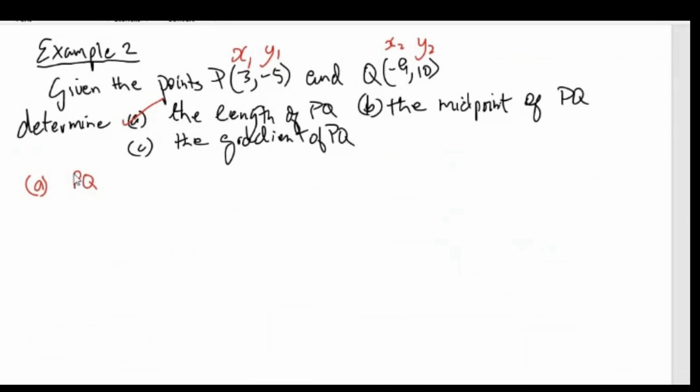There's a way to actually write this. In some cases, you might just see PQ like that. You can also put some poles along the sides of it, which means the length of it, the magnitude of it. I prefer it looking like that. And then what we're going to do is write the formula.